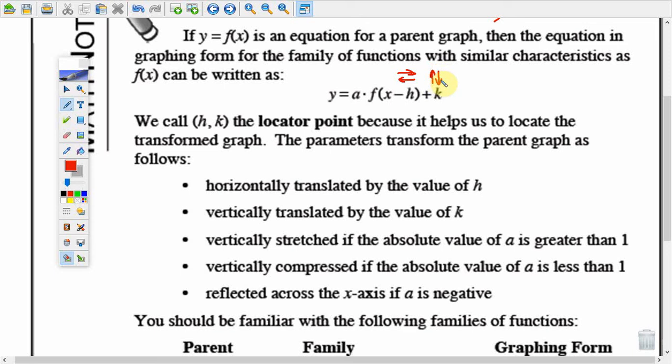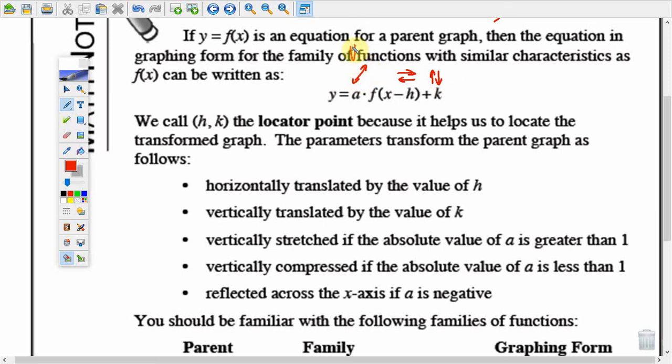Our a value, depending on whether its absolute value is greater than 1 or between 0 and 1, is either going to stretch the graph if it's greater than 1 or compress it if the absolute value of a is less than 1. So it adjusts the steepness and the stretch or compression factor.